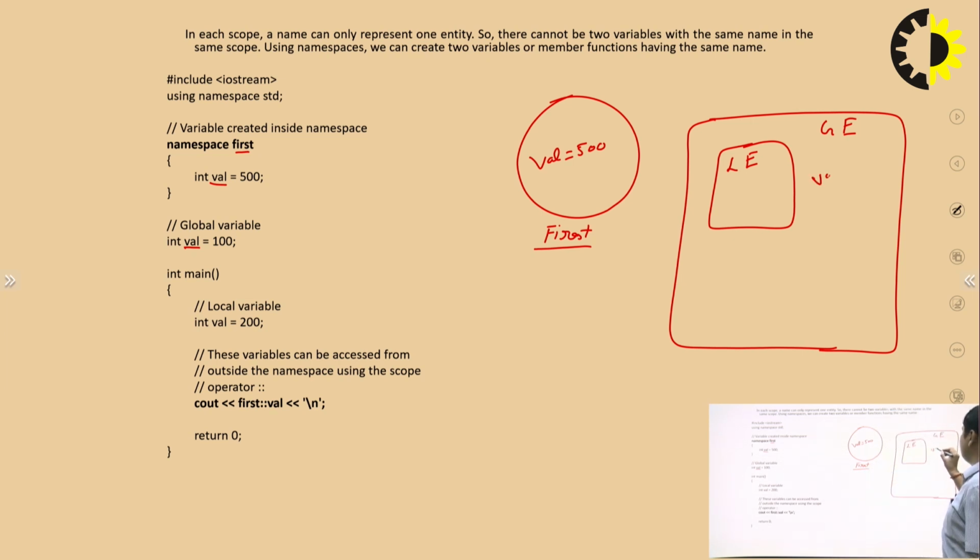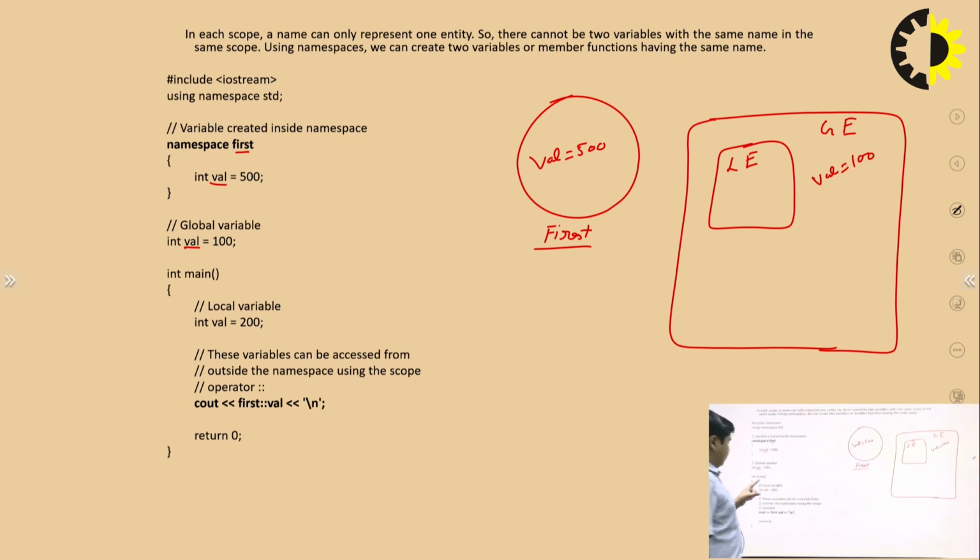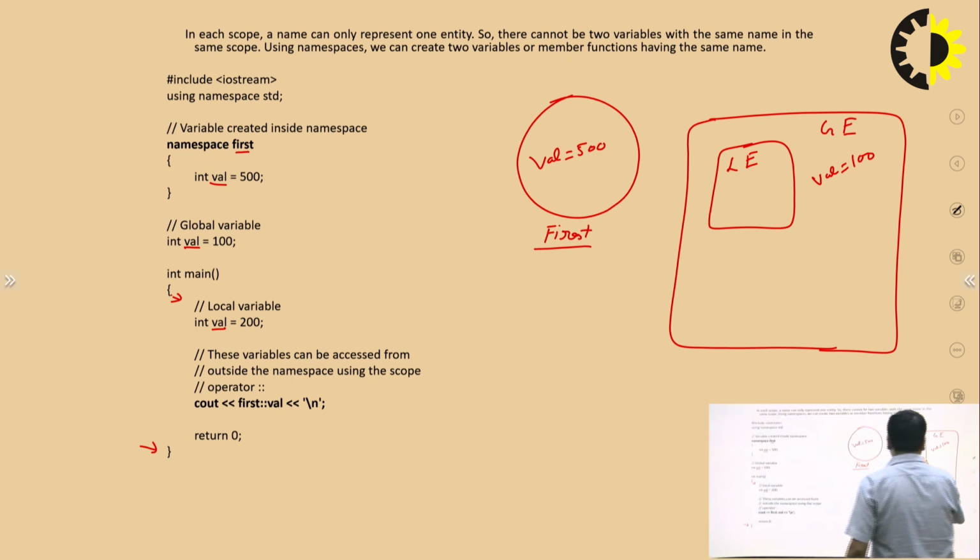Now, this is 100. Main is the function, so this is a local variable, because its visibility begins with the opening curly brace and ends with the closing one. So, this variable val will take place inside the local environment.